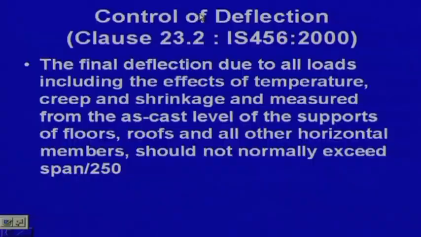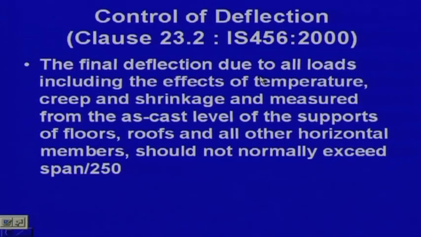So anyway, this control of deflection you will find in clause 23.2. The final deflection due to all loads, but how shall we find it, because we are not going to calculate the deflection. We do it on the basis of span.